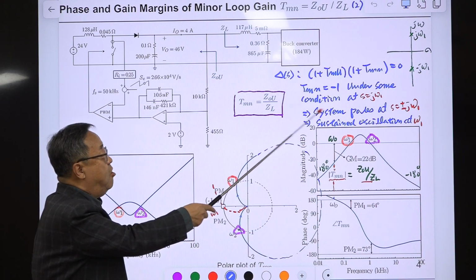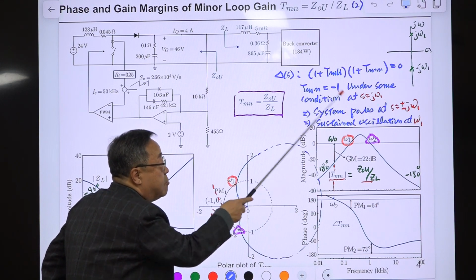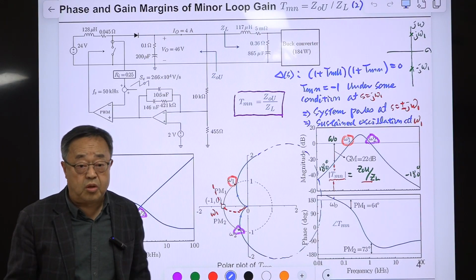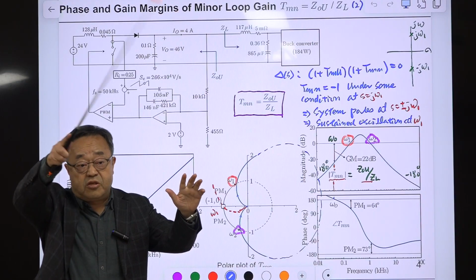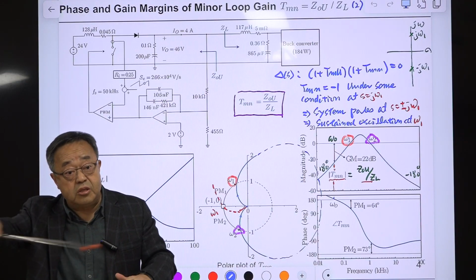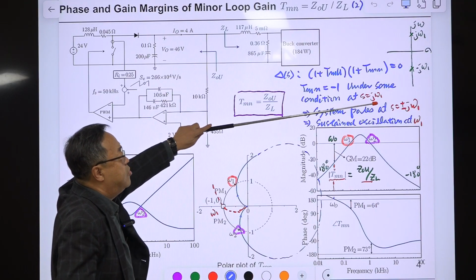It has a real part and an imaginary part. If we have an imaginary part, this means sinusoidal waveforms. If you have a real part, that is a sinusoidal waveform decaying like this or increasing like this.